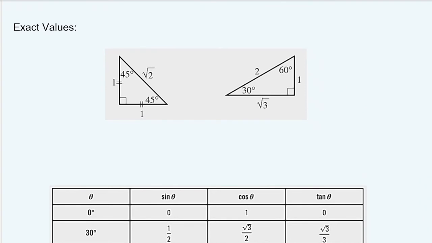Exact values. Now, this is going to be a little bit interesting for you because these are our special triangles, and they are found with Pythagoras.